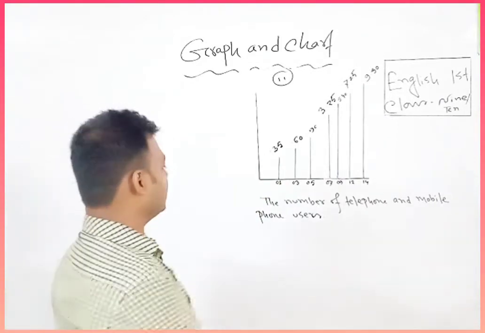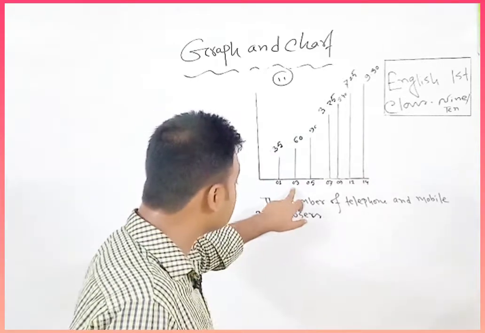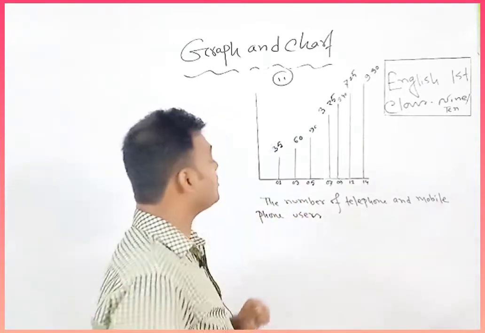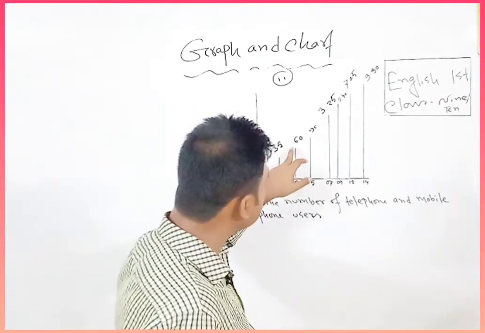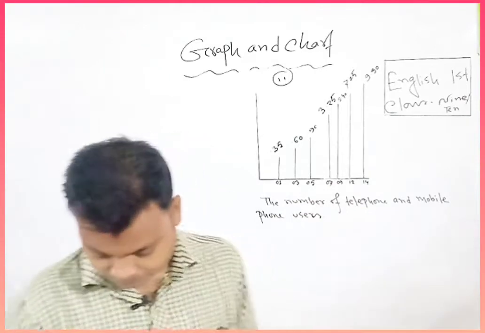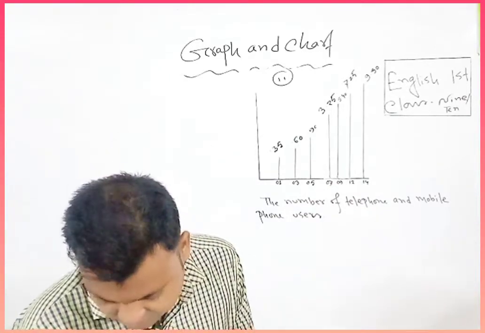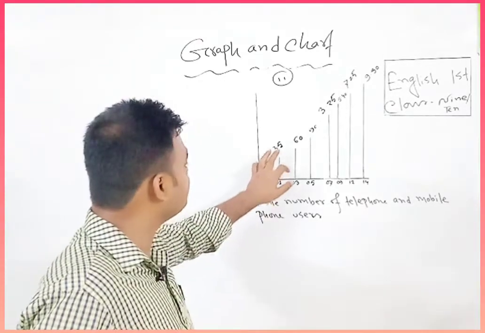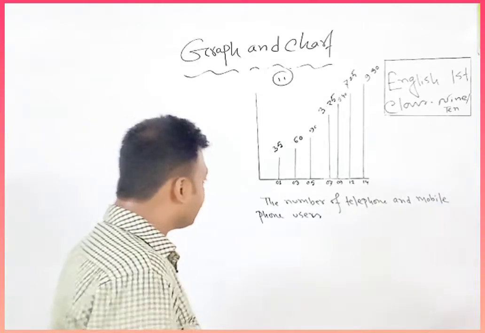In 2003 the number of telephone and mobile phone user rate was 0.6 crore. The number of users was only 0.35 and the next period 0.6.